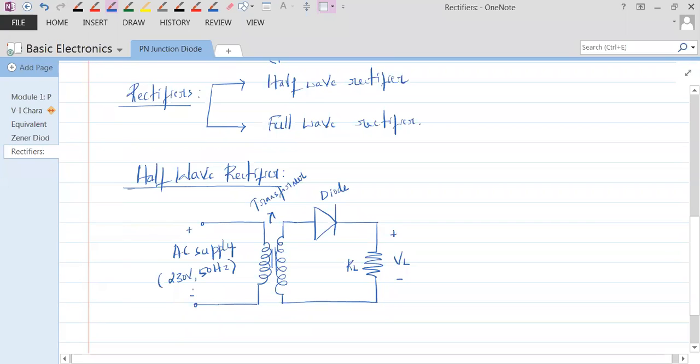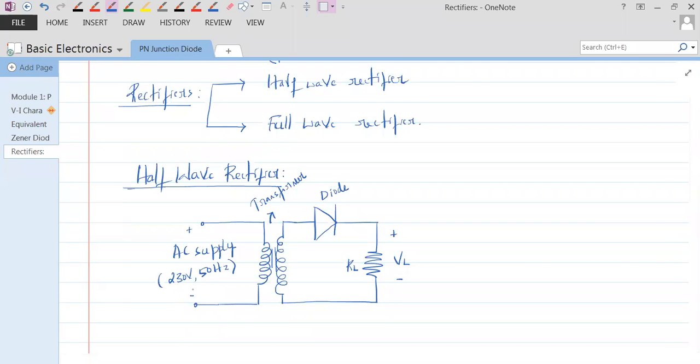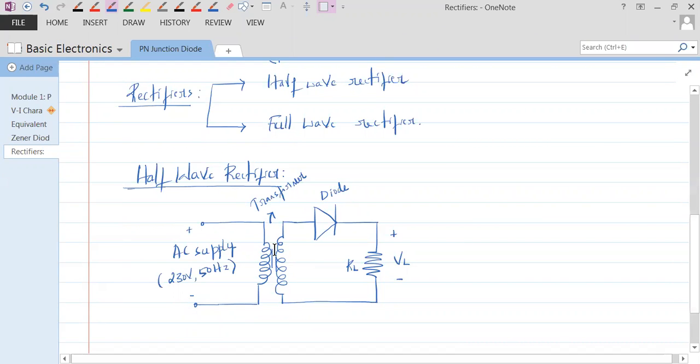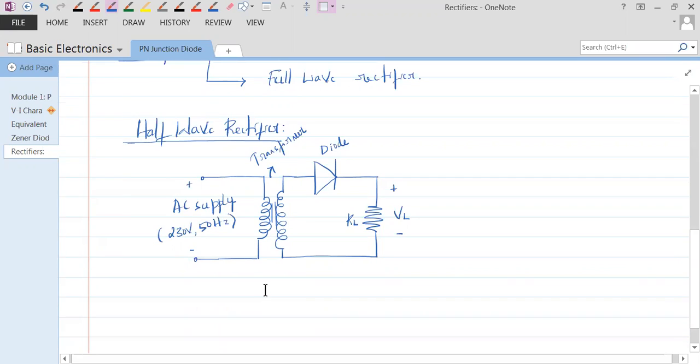Now let's understand how things work here. The new component that you're seeing here is the transformer. In particular, it is called a step down transformer. Why does it have to be called a step down transformer?